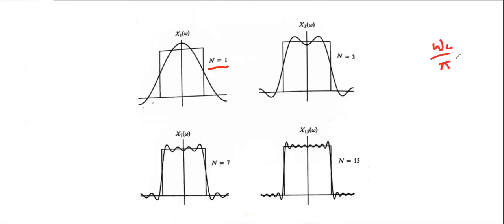That is not actually equal to 1. If you choose only one sample, the filter looks like this, where this is omega c, let's say, and this is pi. Still, that is a low pass filter, but this is a very low quality low pass filter.